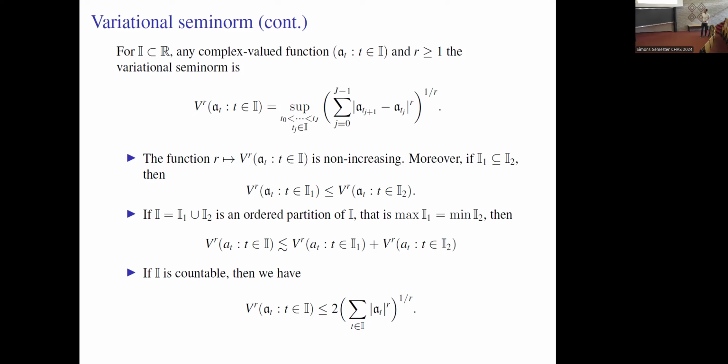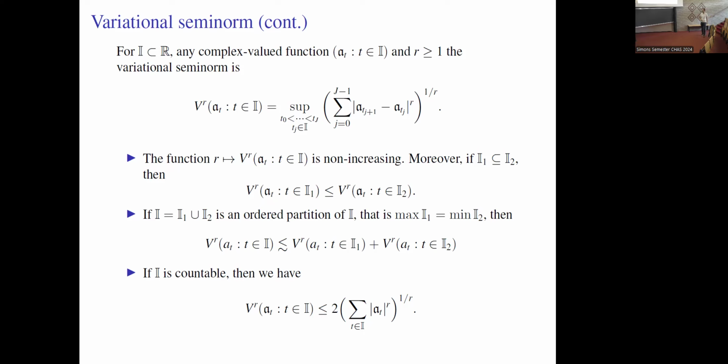But here, the important thing is that I_1 and I_2 are ordered, in the sense that I_1 is smaller than I_2, that is, the maximal element of I_1 is equal to the minimal element of I_2. So here, the canonical example is that we have, let's say, an original interval [a,b] and a point c in between. Then the variation over [a,b] can be split into the variation over [a,c] and [c,b].